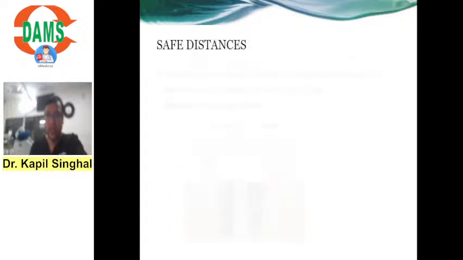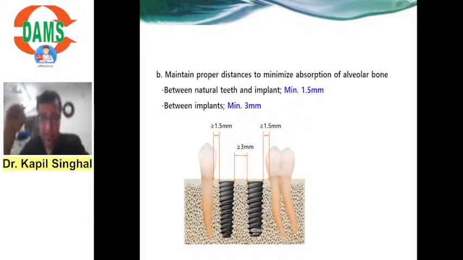Okay, now the safe distance. The minimum distance between your implant and the natural tooth should be between 1.5 to 2 mm. A distance of 1.5 to 2 mm is compulsory.